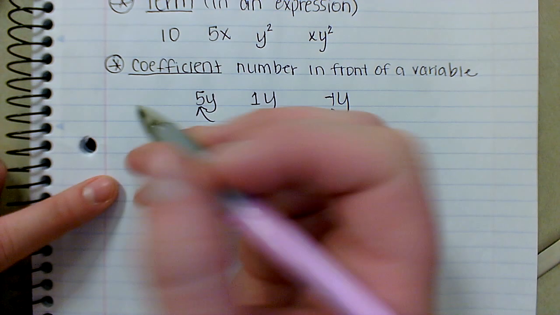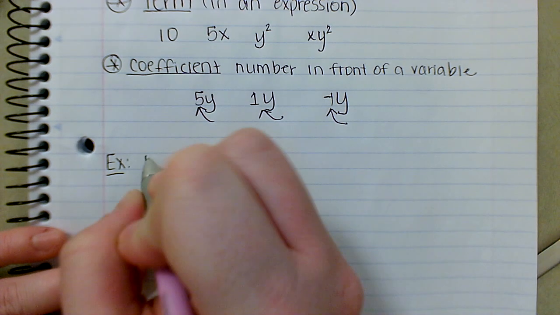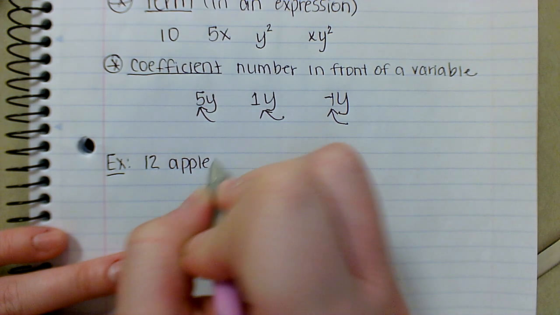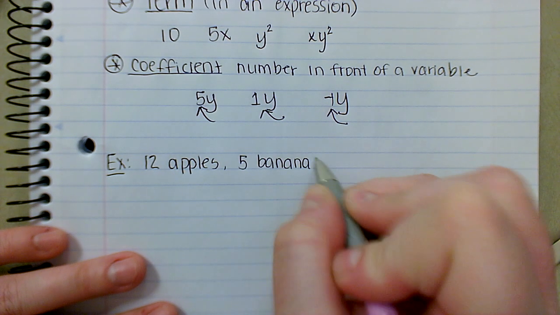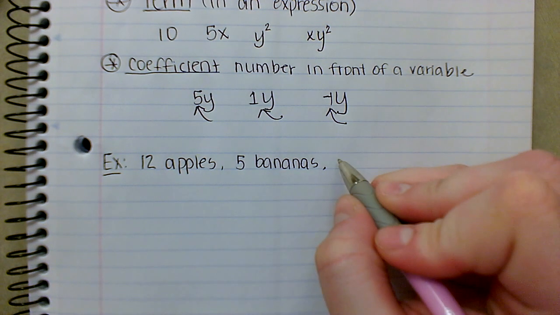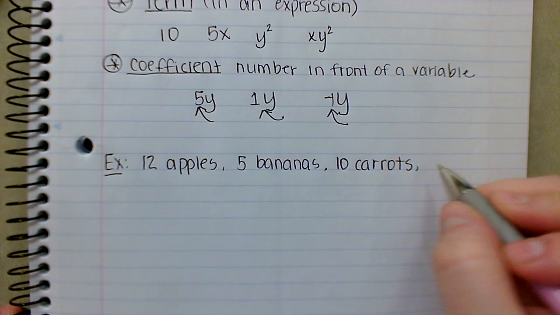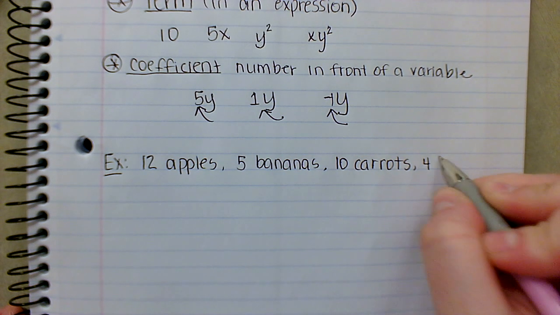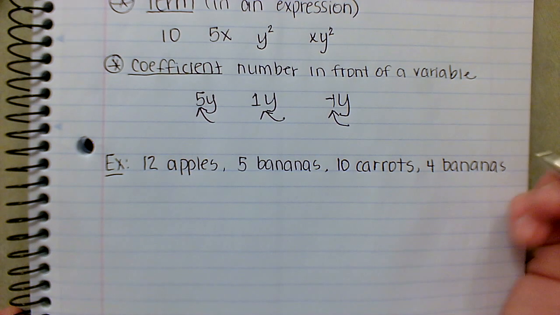Alright, for example, say I have 12 apples, 5 bananas, 10 carrots, 4 bananas. I'm going to make a valid point here.